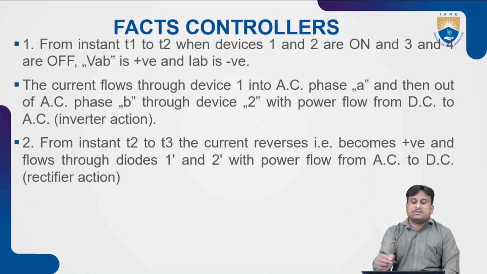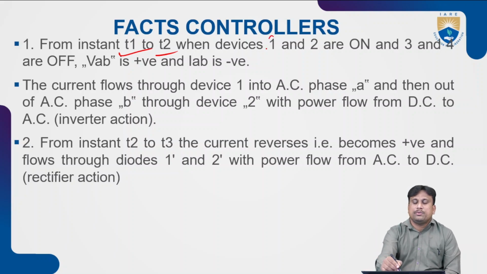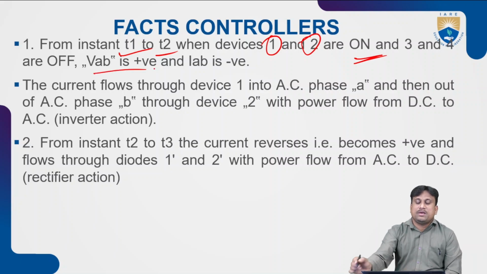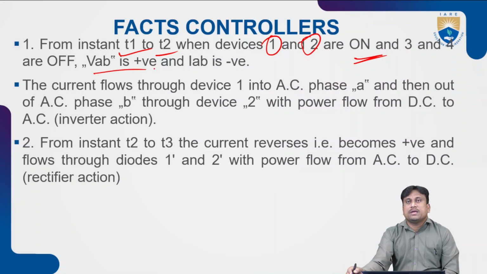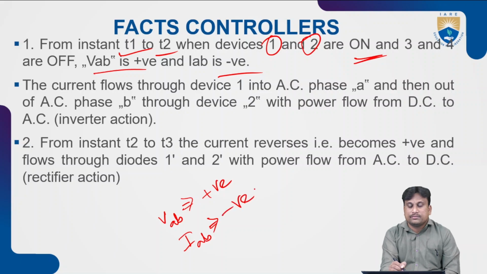From the instant T1 to T2, devices 1 and 2 are turned on and 3 and 4 are turned off. Then VAB is positive and the current IAB is negative.